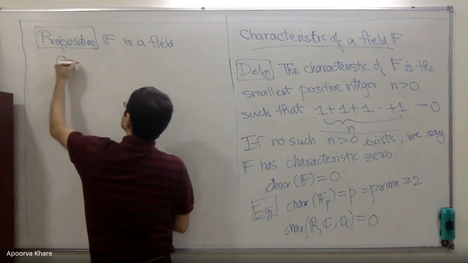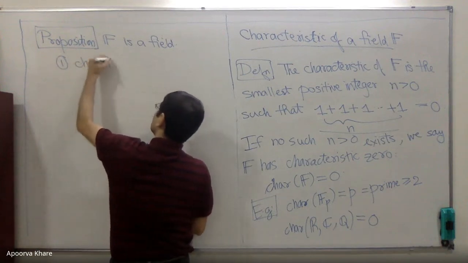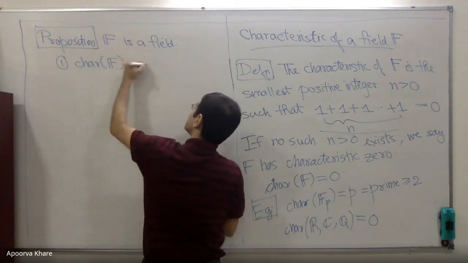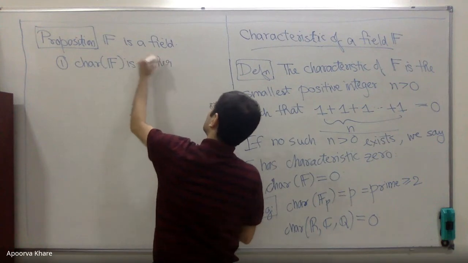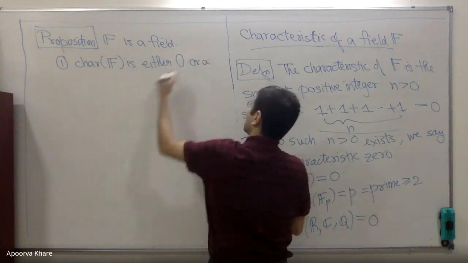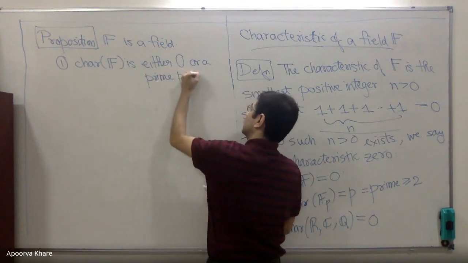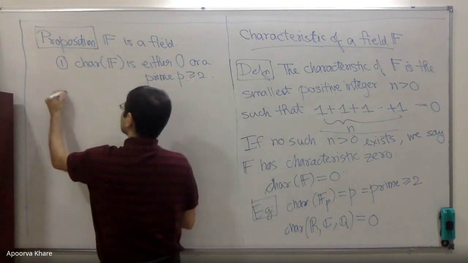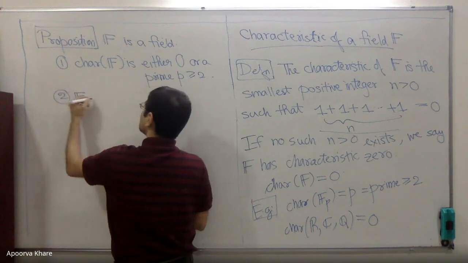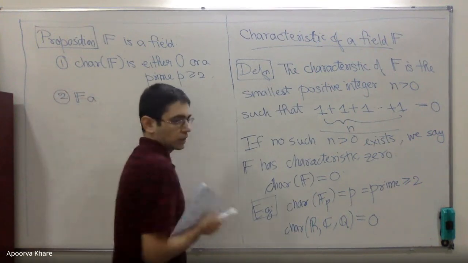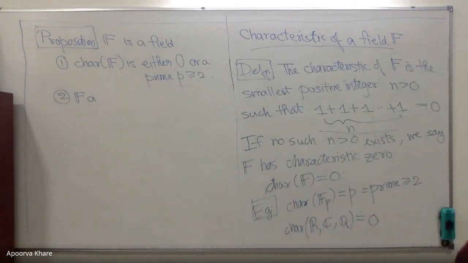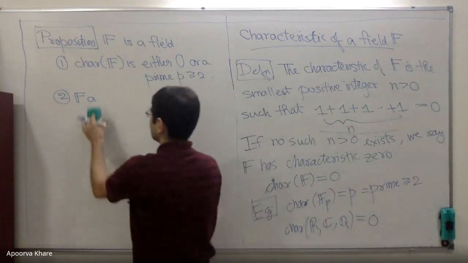One is that the characteristic of F is either 0 or a prime integer, and the second is that F contains a unique smallest subfield.